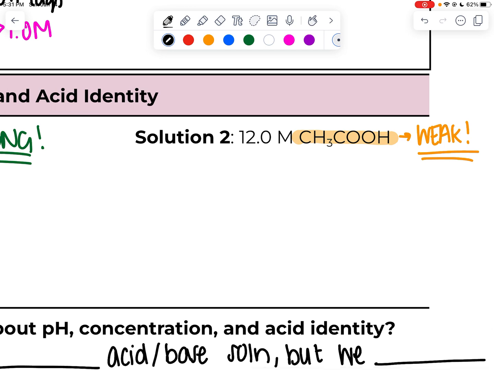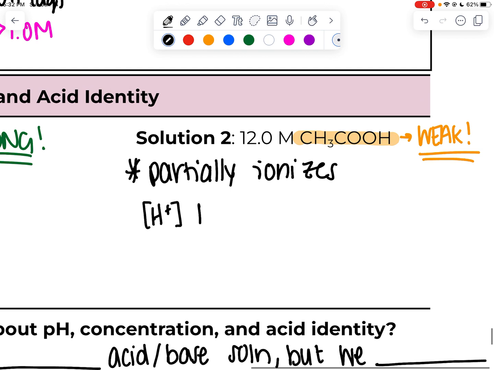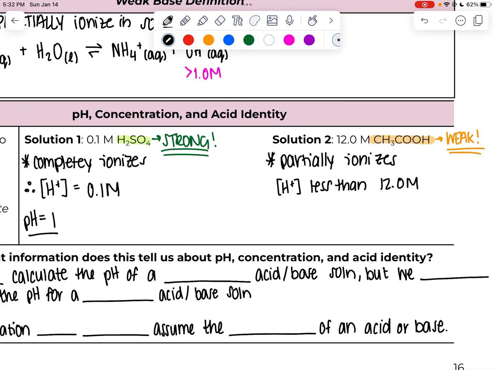So if we come over here now, though, and we're talking about our weak acetic acid, this thing partially ionizes. What that means for us is we're going to have a concentration of hydronium ions that is less than 12 molar.